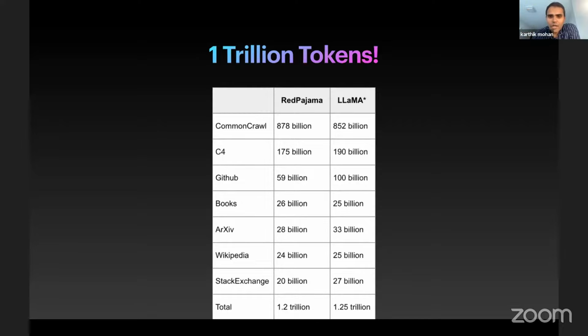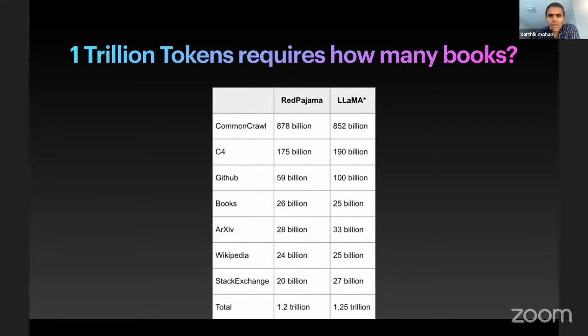So let's understand 1 trillion tokens here. How many books would 1 trillion tokens require? Can you guess how many books you would need to read or parse through before you get to 1 trillion tokens? One book is roughly 50K tokens. Tokens are like subwords or other ways of tokenizing sentences, more fine-grained than words.